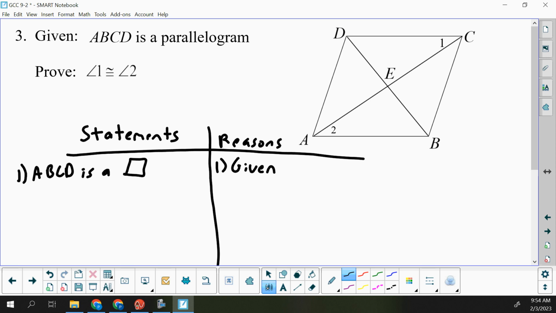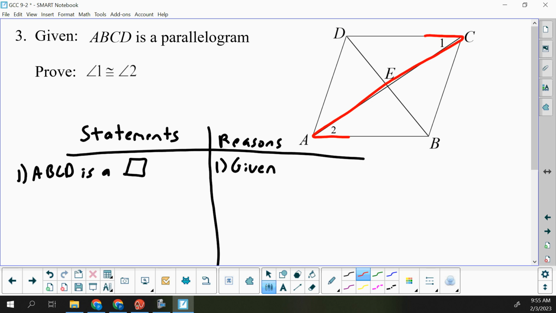Well, one thing I want to point out, when we say opposite angles congruent, that would mean the whole entire angle, not parts of them. So because 1 and 2 are only parts of them, probably not going to use the opposite angles congruent. What we want to recognize is that 1 and 2 are the angles of a zigzag.